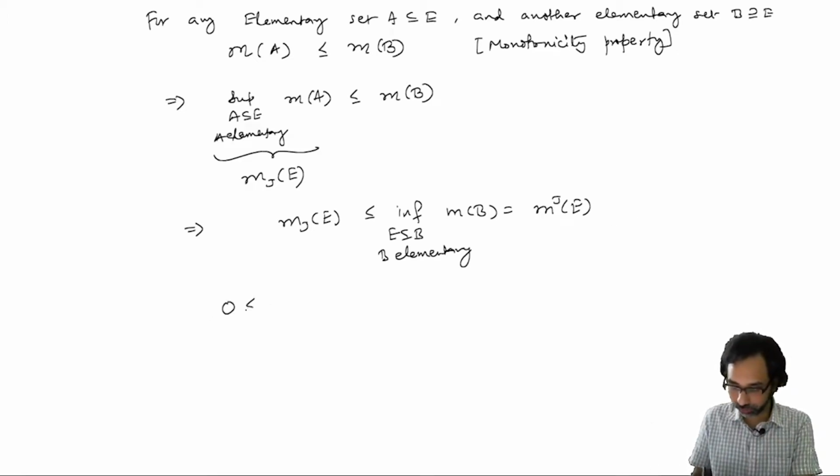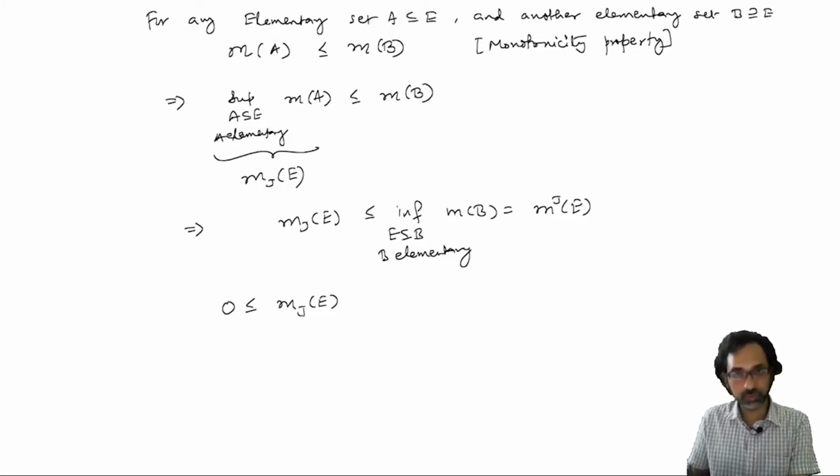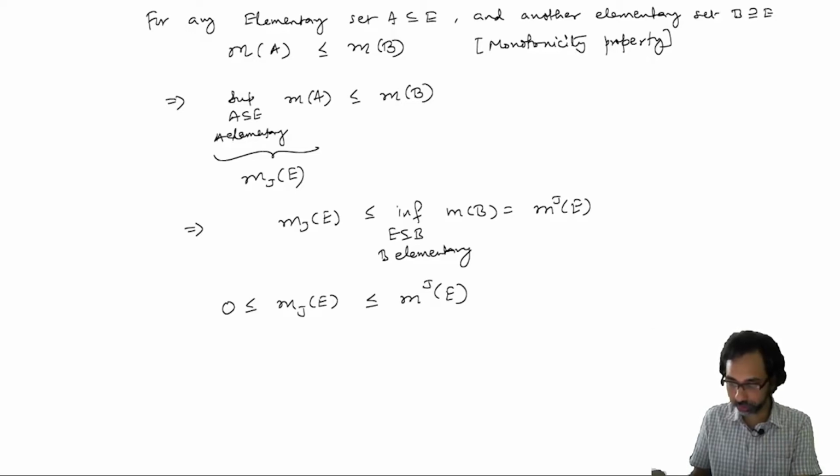So now that we know, by non-negativity, we have 0 less than or equal to the inner Jordan measure of E, which is less than or equal to the outer Jordan measure of E, and by hypothesis this is 0.